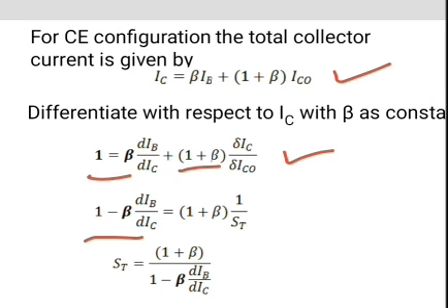Therefore, 1 minus beta delta IB divided by delta IC equals 1 plus beta into 1 by ST. Therefore, stability factor ST equals 1 plus beta divided by 1 minus beta delta IB by delta IC.